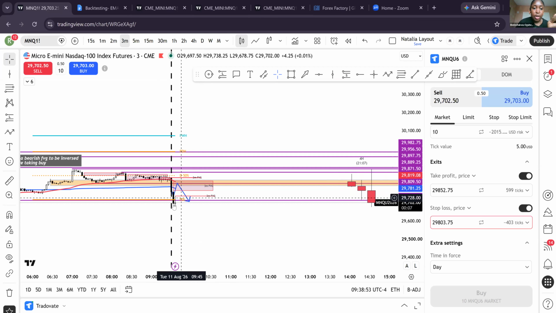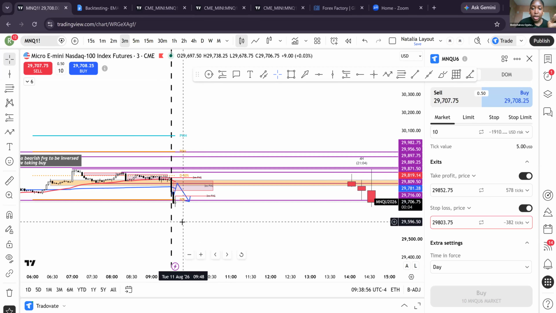And there may be no trade for me. Like I'm just gonna wait. I am not rushing to take trades.